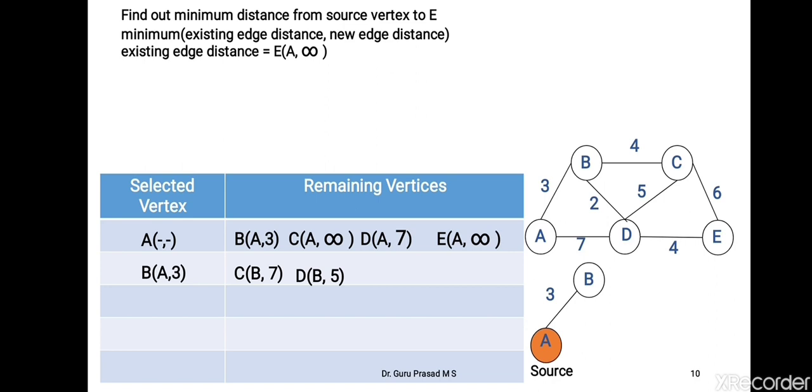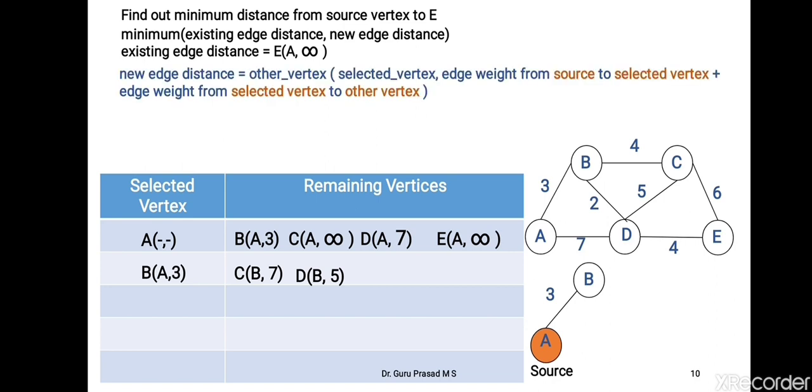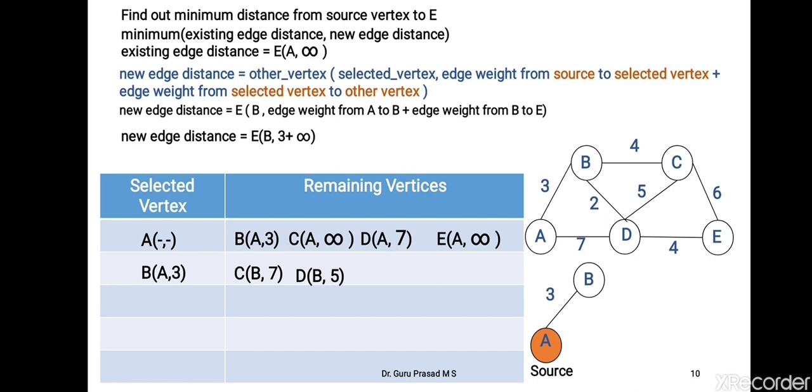The new edge distance equals other vertex E of selected vertex B: first find the edge weight from A to B, which is 3, plus the edge weight from B to E. There is no direct edge from B to E, so it is infinity. So it becomes E of B comma infinity. So minimum of E of A comma infinity and E of B comma infinity. Both are the same, so I am considering E of A comma infinity.